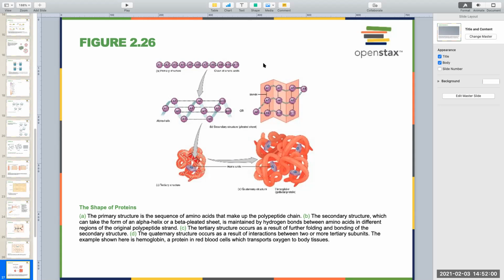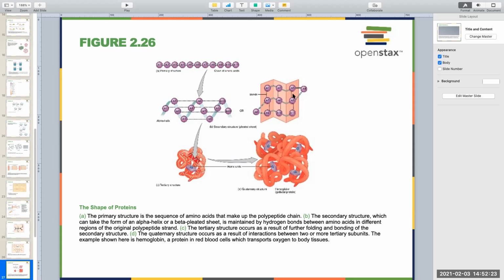Then when we move on to the secondary structure, things get a little fancy. Now there are so many amino acids together and so many peptide bonds happening that they start to form a sheet. Think about if you have a piece of paper and you fold it several times, it becomes a sheet.